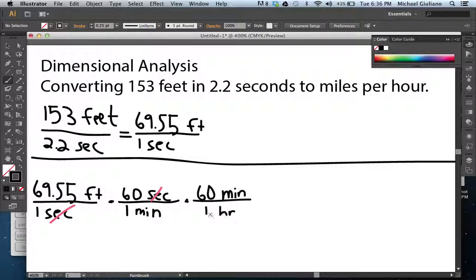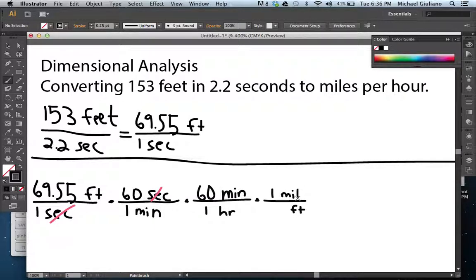So that's good. Alright, now I need to change these feet into miles, so I'm going to say this. I need the word feet to be on the bottom here so that they will cross off. Alright, and I'm going to put 1 mile on top because I want to know how many miles per hour.